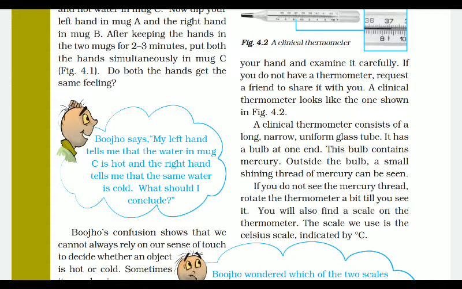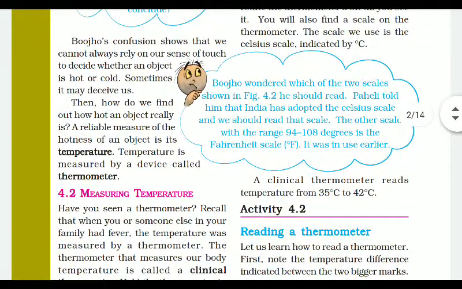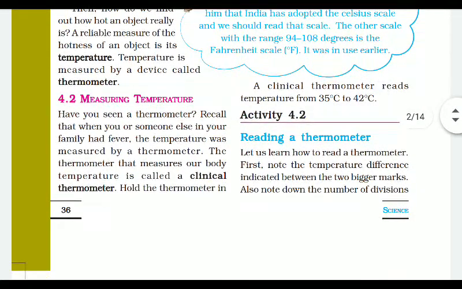You will also find a scale on the thermometer. The scale we use is the Celsius scale, indicated by degrees Celsius. A clinical thermometer reads temperatures between 35 degrees Celsius and 42 degrees Celsius. How do we read this thermometer?